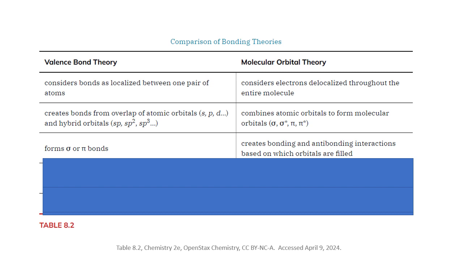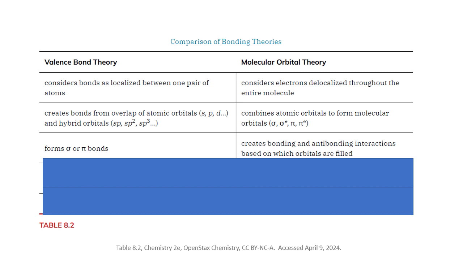The sigma designation for molecular orbital theory is a bond along the internuclear axis, which we form with valence bond theory as well. But in valence bond theory it's coming from two different orbitals, the hybrid orbital and the atomic orbital on the other atom, whereas in molecular orbital theory, the molecular orbital itself is the whole shebang.